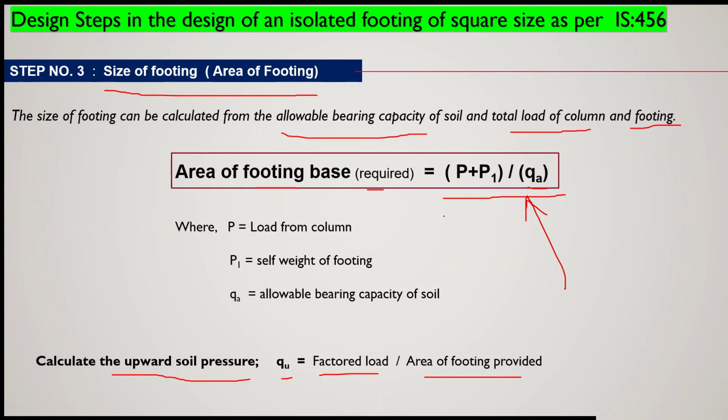Then accordingly, we will decide whether it is a square footing or a rectangular footing, and by approximating the size, we will be deciding the size of the footing, and that will be known as area of the footing provided. So when we take the factored load divided by the actual area of footing provided, then we can calculate the upward soil pressure given by QU.